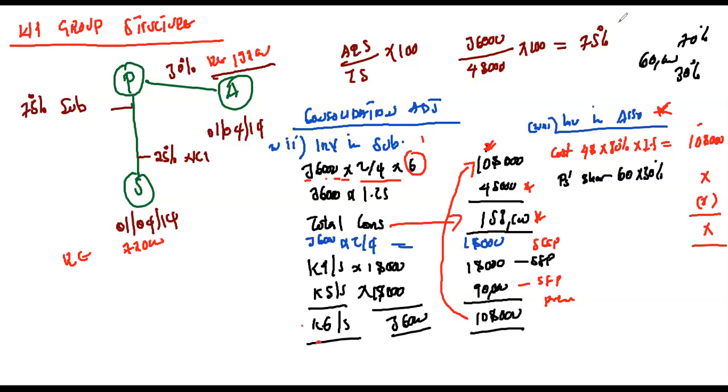You're going to have 18,000. 108 plus 18,000 is 126,000.